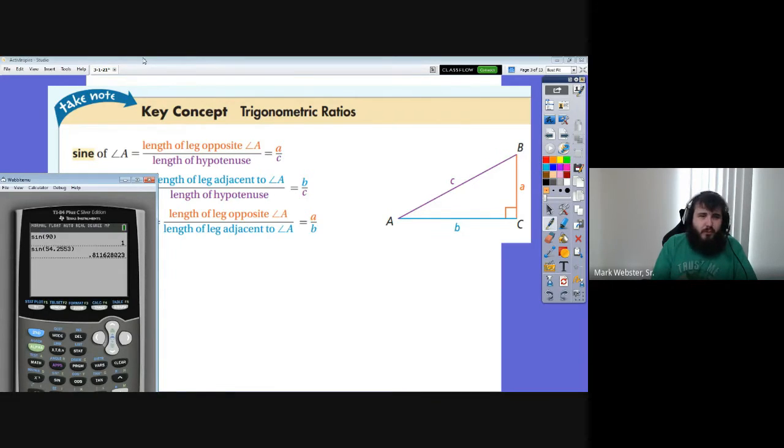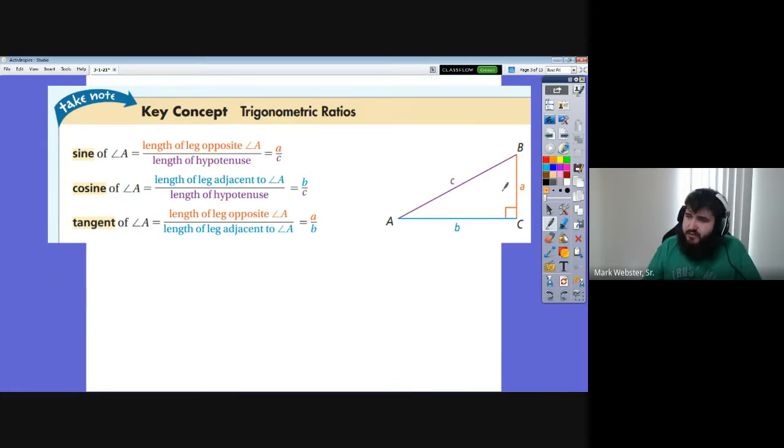The specific proportionality of the sides is generated by these. So it's not something that you have to think about. You don't have to sit here and intellectualize these right now.